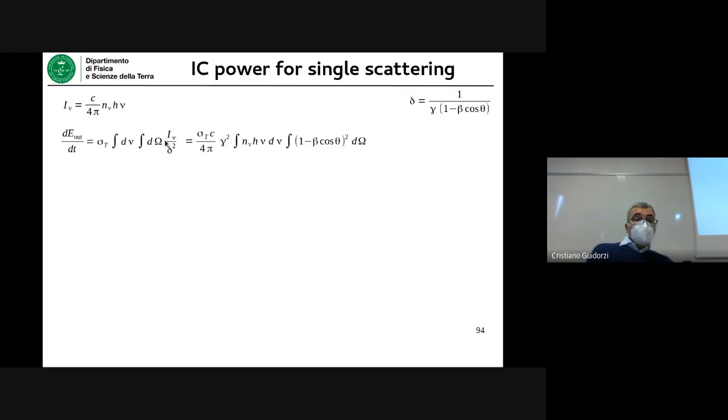And also you have 1 over delta squared, but delta is 1 over gamma (1 minus beta cos theta), so this factor is gamma squared, and here it is. And then you have this term, 1 minus beta cos theta squared. Of course, this depends on the angle, so I cannot just take it out of the integral on the solid angle, as well as this term n_nu h nu, which depends on frequency, so I cannot just take it out of the frequency integral.